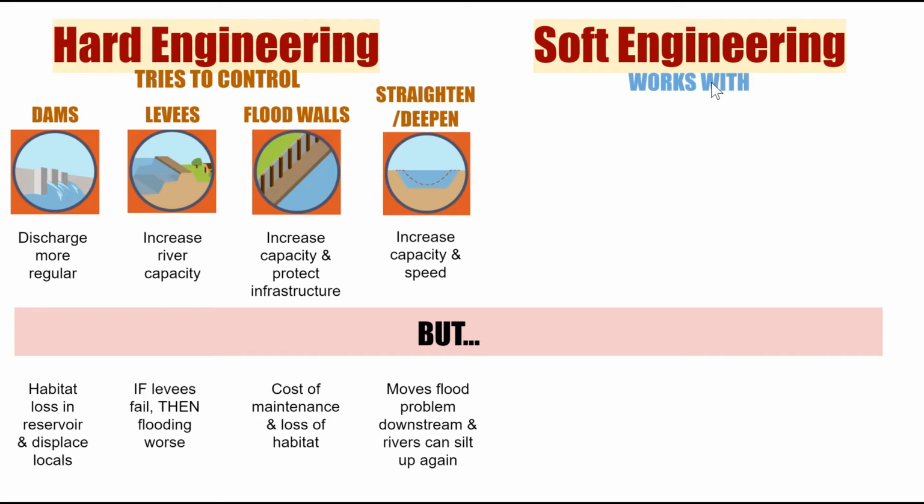And that's what we're going to move on to in the next video, to take a look at all the soft engineering methods that work with the natural processes, that try to get some flood reduction benefits from it, but also try to do so in such a way as to protect the environment and look after the people as well. In other words, to make them more sustainable. And they're coming up in the next video.